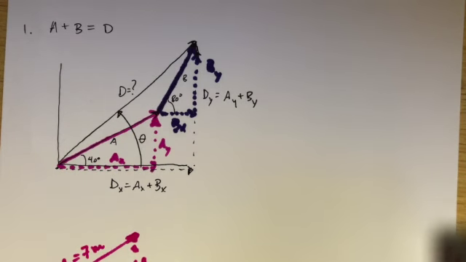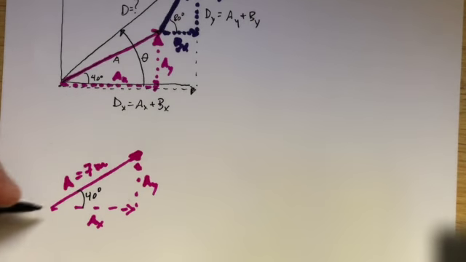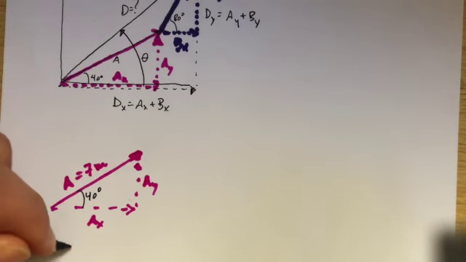All right, so how do I find AX? I know this angle is 40, and I know that AX is the adjacent side to the hypotenuse. So adjacent goes with cosine. So the cosine of theta equals the adjacent side over the hypotenuse.